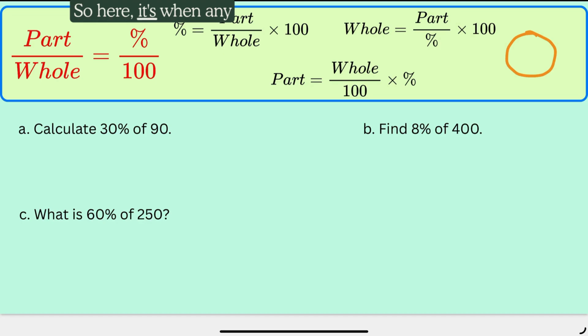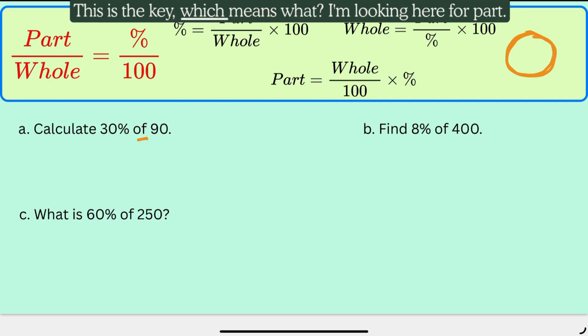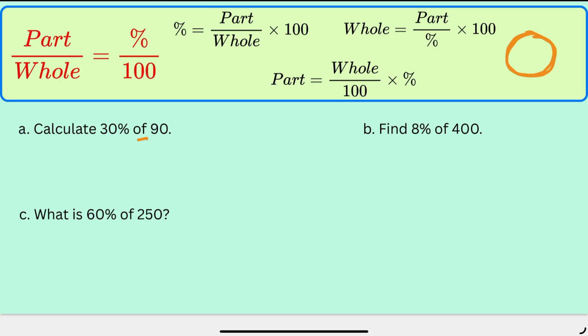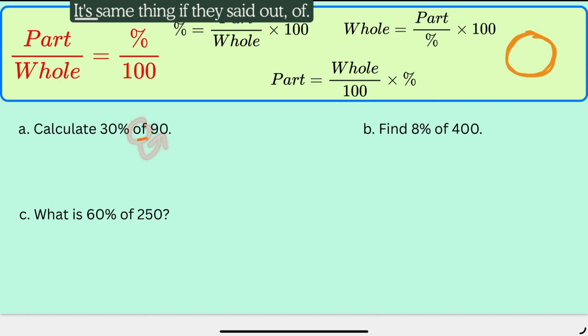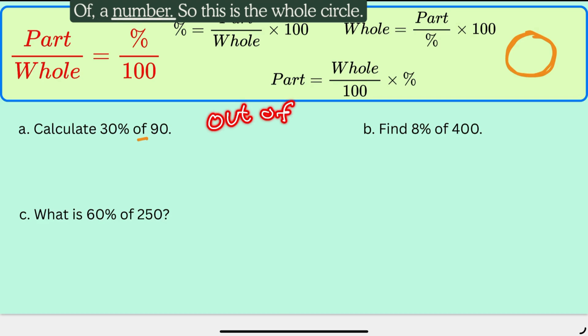Anytime you see this "of," it means I need something of the whole, from the whole circle. This is the key, which means what? I'm looking here for part of a number. It's the same thing if they said "out of" a number.